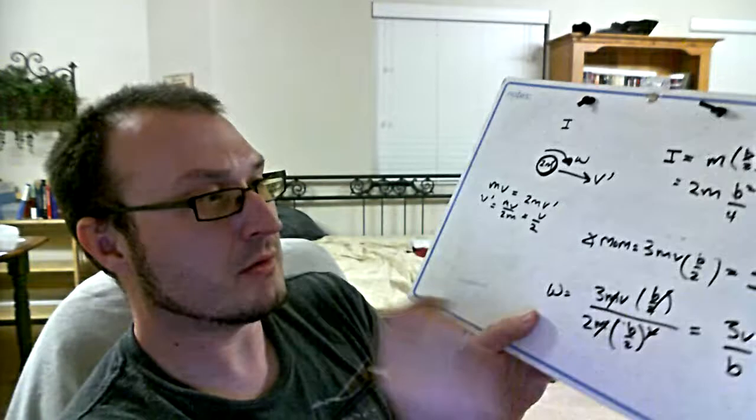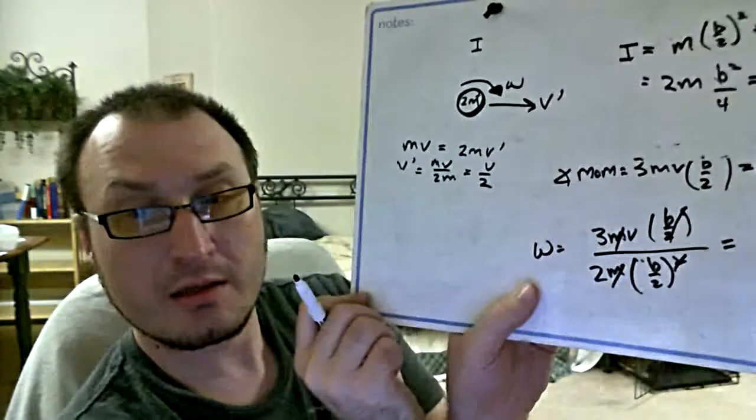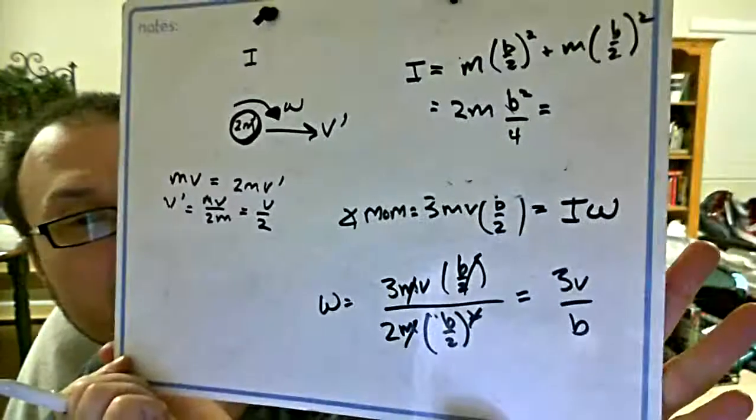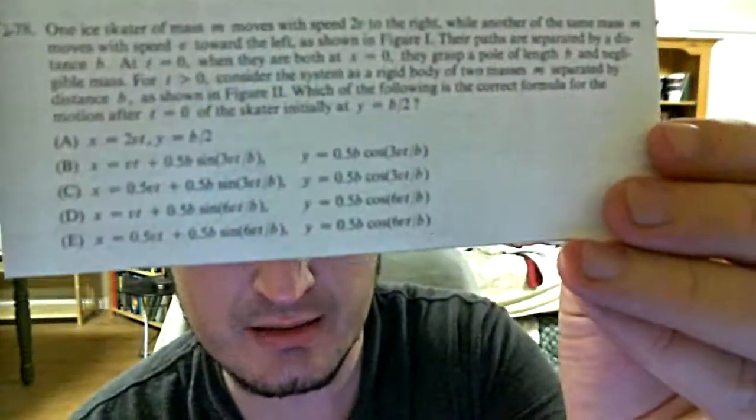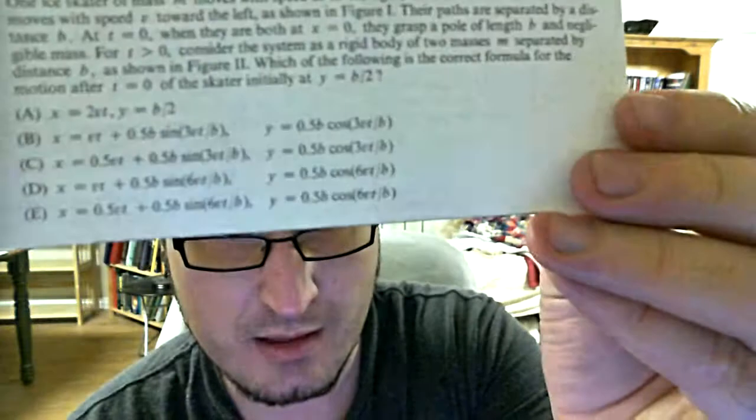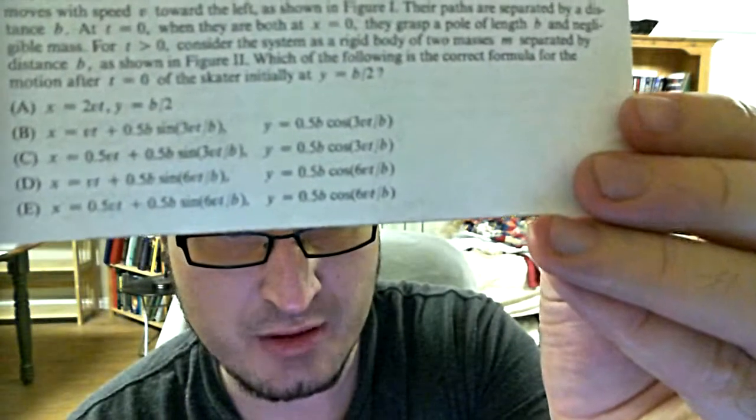I'm being a little sloppy this morning as far as time goes, but I get my omega as 3v over b from that. That is certainly in the answers. You have omega t in circular motion inside the parentheses of your cosines and sines there. So the amplitude of the motion is on the outside.